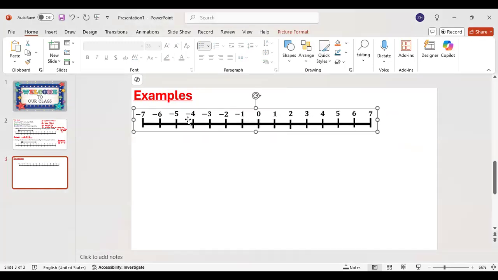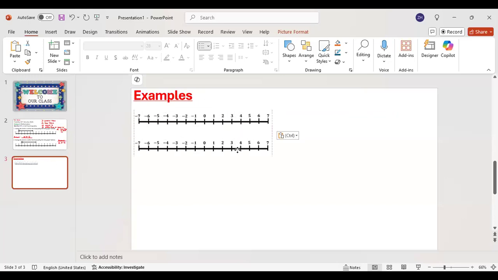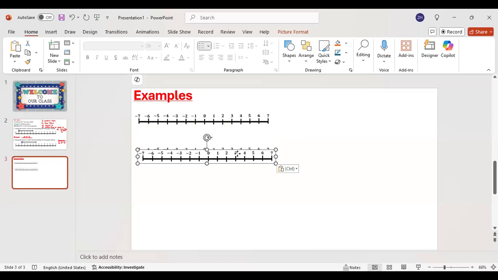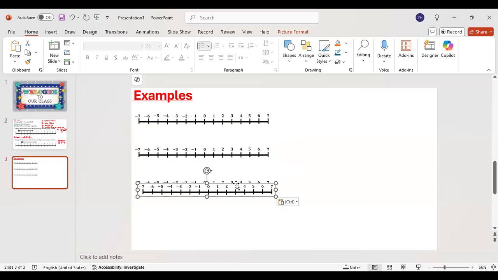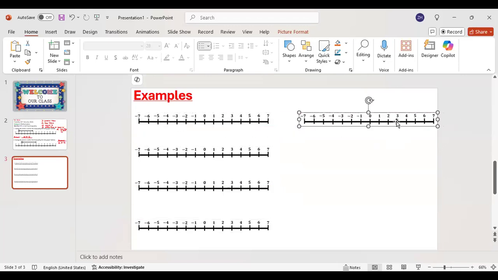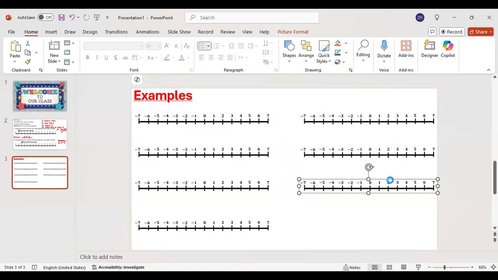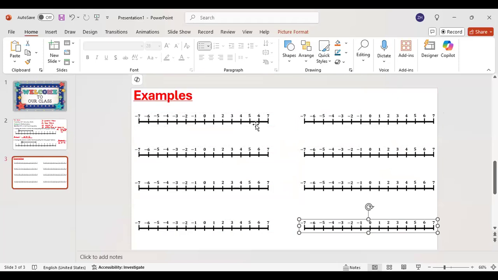I'm going to have a good number of examples here. Can this fit? Yes, it can. Good. All right, so let's go ahead and do this.